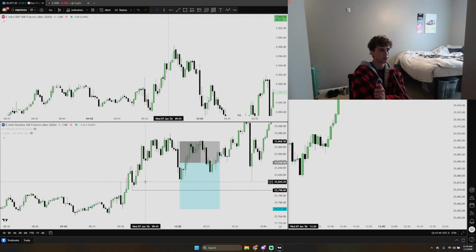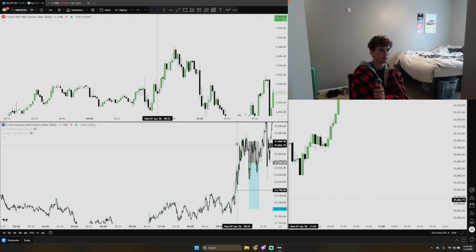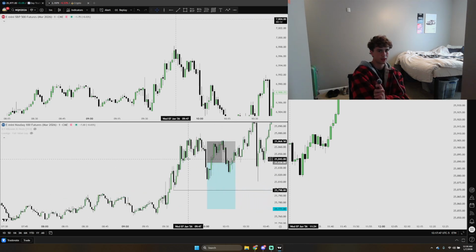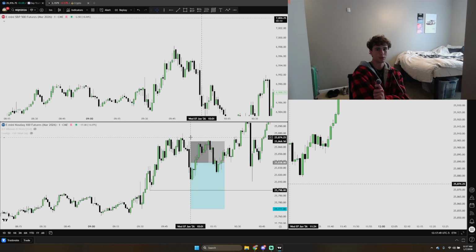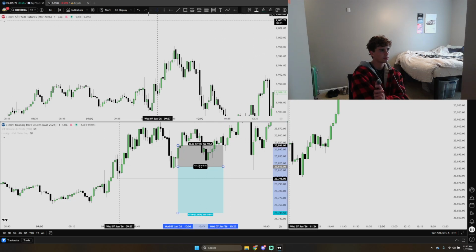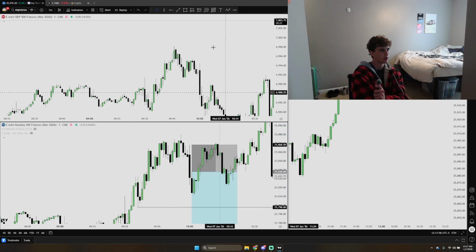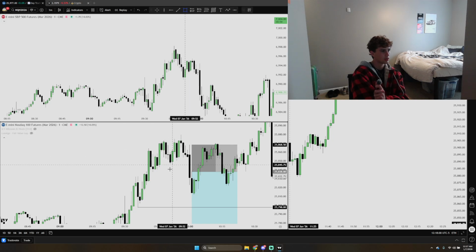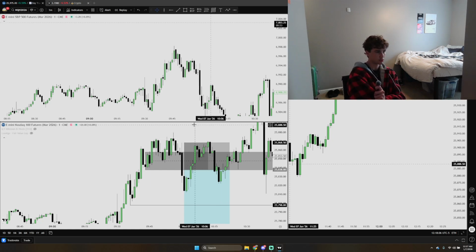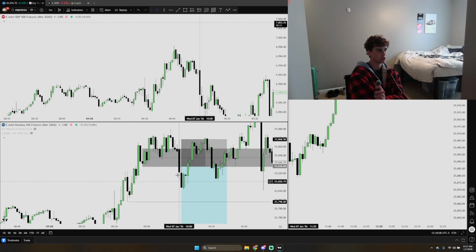First things first, we have a sweep of buy-side liquidity. We come up and sweep out these highs. If we have a sweep of buy-side liquidity, we need to pair it with a bearish bias, and we had a bearish bias. After sweeping buy-side liquidity with a bearish bias, we come down, shift below, and invert this order block.